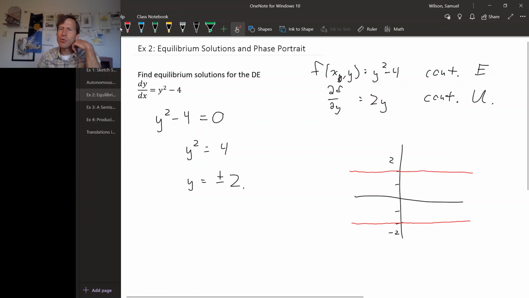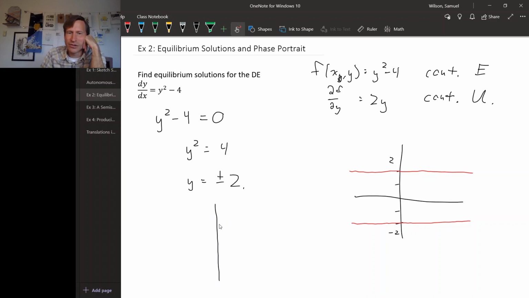Now, you can see because x doesn't show up in this equation, this picture that we've drawn has a lot of extra information. All we really needed to draw to make a picture of what we know about this differential equation is just the y-axis. Right? So we have an equilibrium solution at 2, and we have an equilibrium solution at -2.